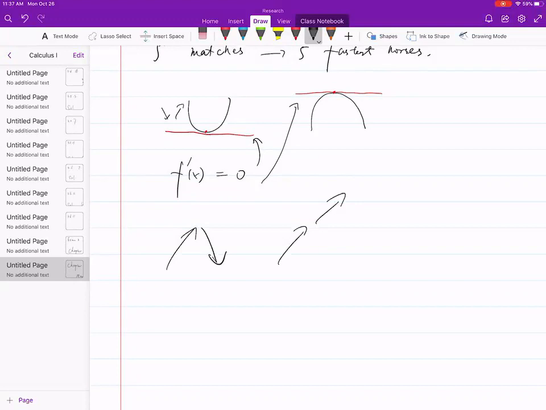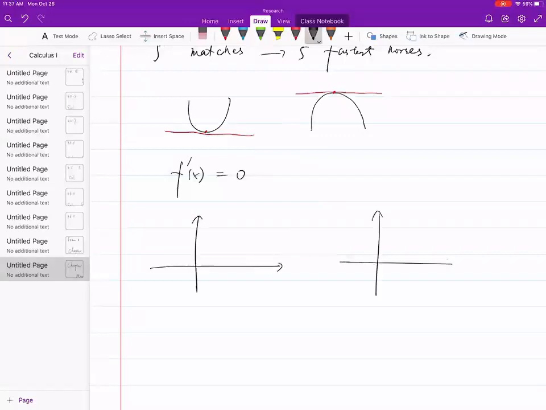So how does the derivative change from negative to positive? It goes through 0. That's how you change it. Positive, negative, it goes through 0. So if you think a little bit further, what do you have for maximum or minimum? You really have a derivative graph. Before I was decreasing, now I'm increasing.